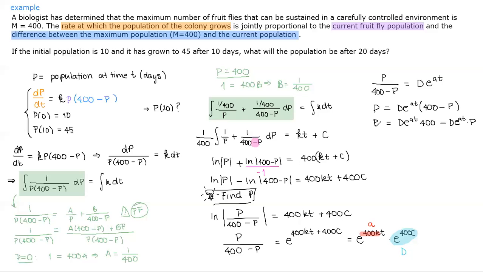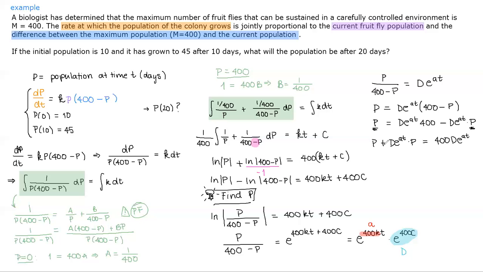Right? And now I have p in this term, p in this term, so I'm going to put both of those on the same side. And I'll get the following: p plus d times e to the at times p by adding it on both sides. And on the right-hand side, I still have just 400 times d e to the at.